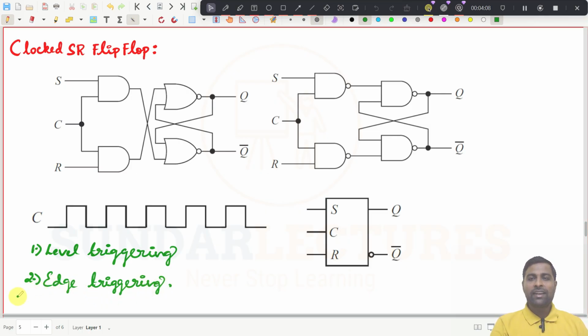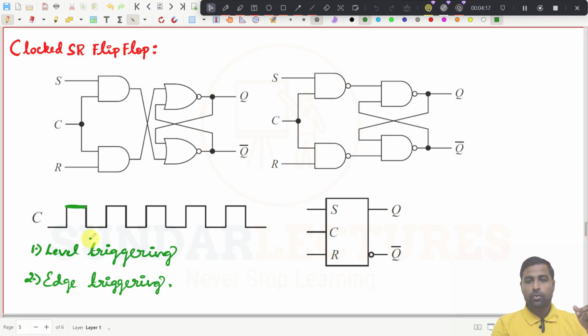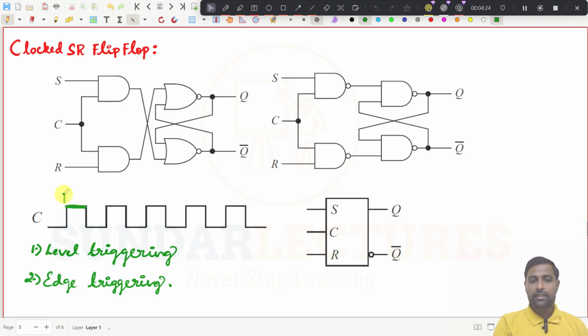So what is level triggering and what is edge triggering? See, if the SR latch is seeing S equal to what is the input and R equal to what is the input at this particular region, right?